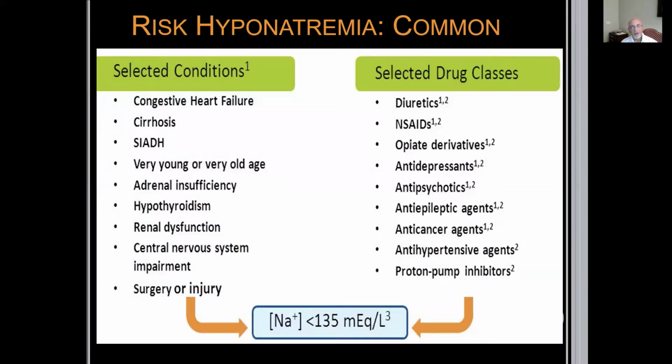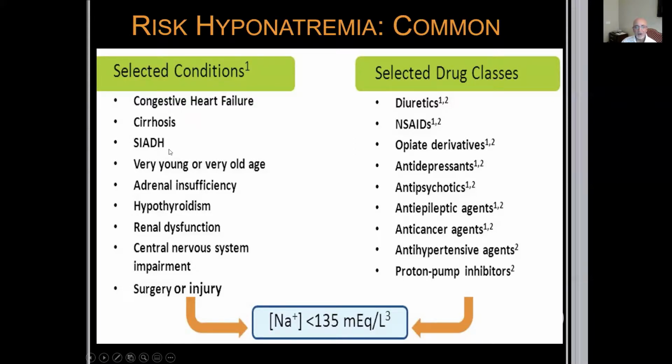The risk of hyponatremia is quite common, and there are multiple conditions that lead to hyponatremia, and it is important to recognize all of these. Probably the most common reason for a patient to have hyponatremia is what we call dilutional hyponatremia, which includes congestive heart failure and cirrhosis.